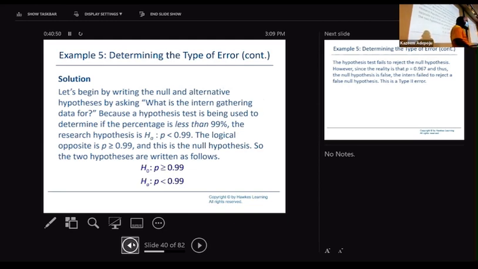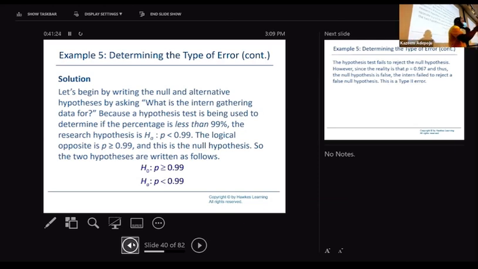Okay, you know why we're taking it as a null hypothesis? Because they say at least. And where can we have at least? Greater or equal to? Where can you have greater or equal to sign? Always at the null hypothesis.